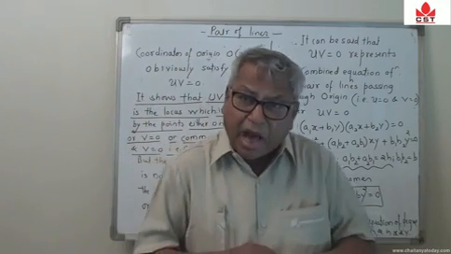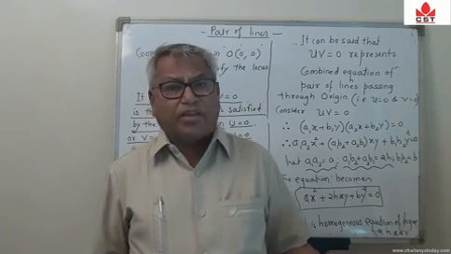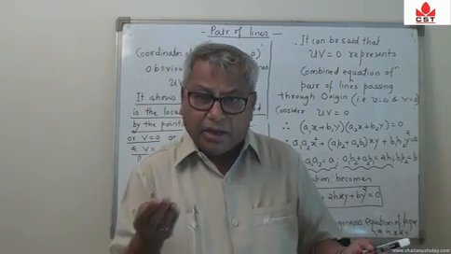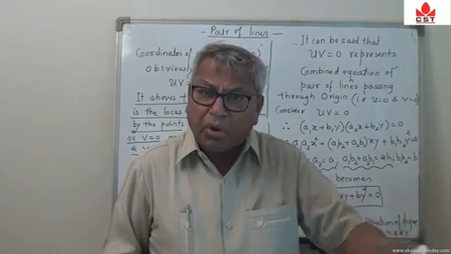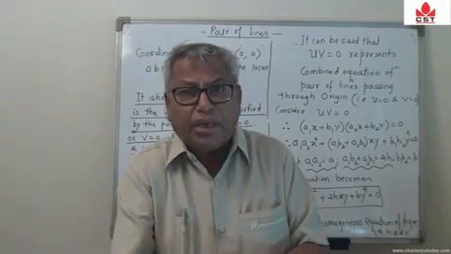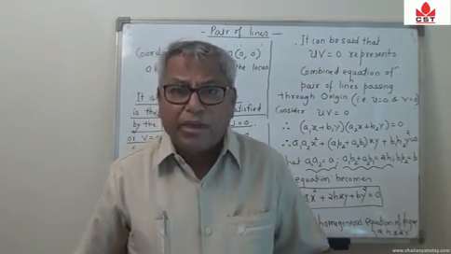If you take any point R, say (x3, y3), which is not on u equal to 0, obviously these coordinates do not satisfy the equation u equal to 0. Obviously, it is not on v equal to 0, so it does not satisfy the equation v equal to 0.